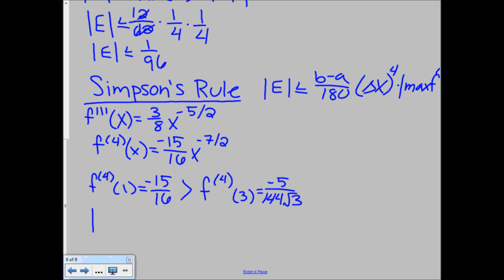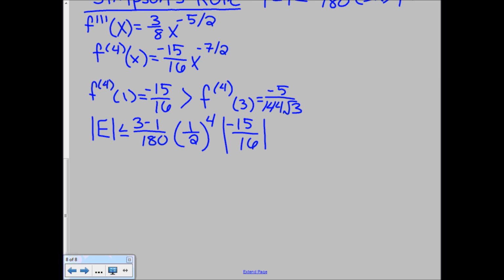The absolute value of the error is less than or equal to 3 minus 1 over 180 times delta x, which was a half, raised to the fourth, times the maximum of the fourth derivative, negative 15 over 16.